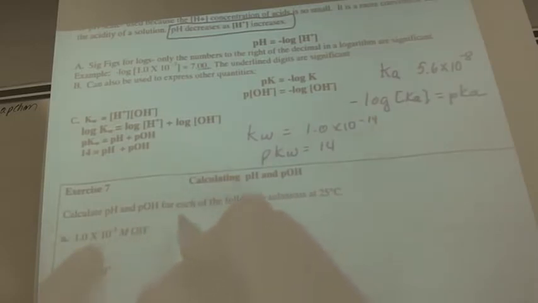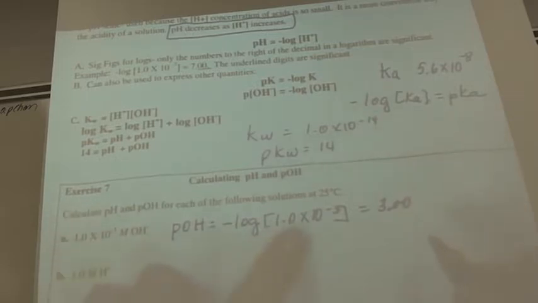If we have a hydroxide ion concentration that is 1 times 10 to the negative 3rd, the first thing we can find is the pOH by taking the negative log of 1.0 times 10 to the negative 3rd. That is equal to 3.00, 2 sig figs here, 2 sig figs here.